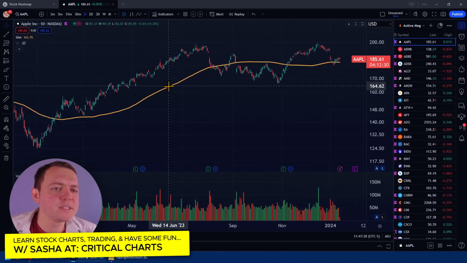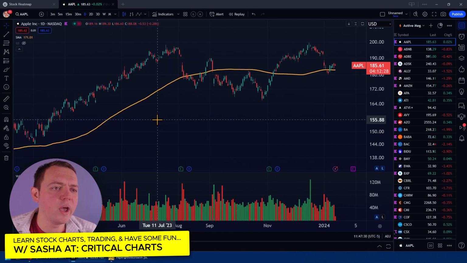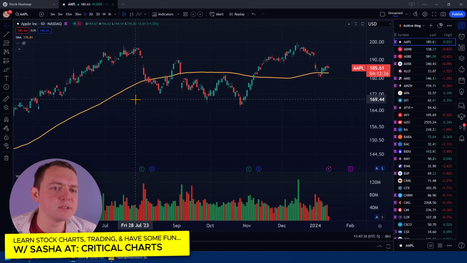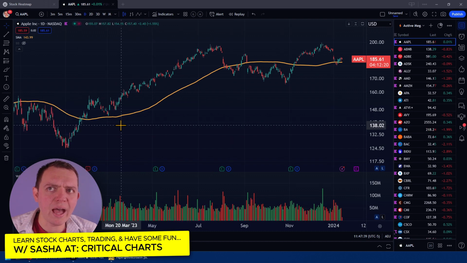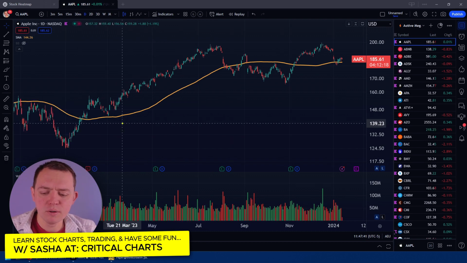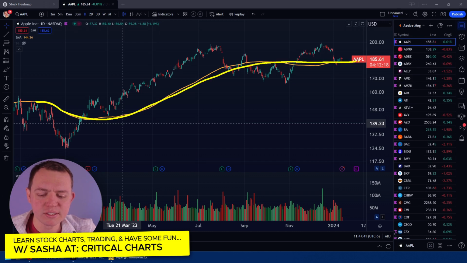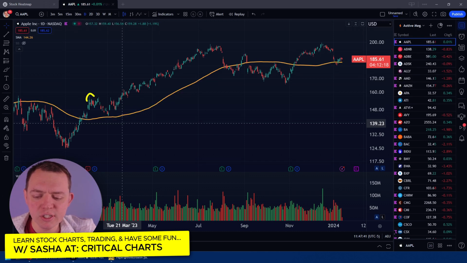What happens is price gets further away from the mean, and then eventually it comes back to the mean. So here is our example with Apple, and this is a moving average, this yellow line, and at some point the stock price gets away from the average, and then it comes back.